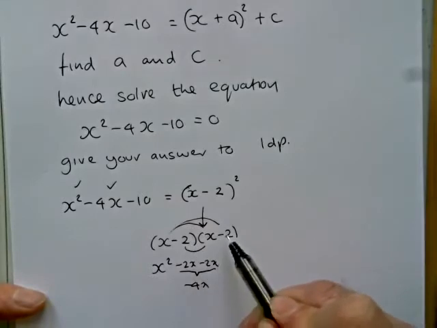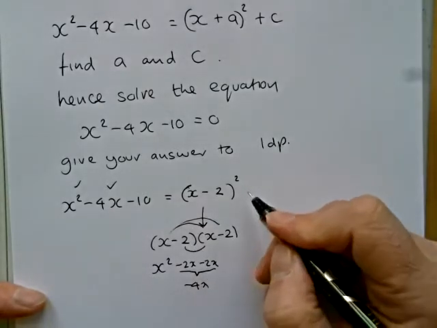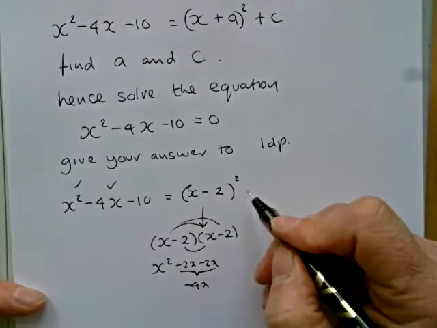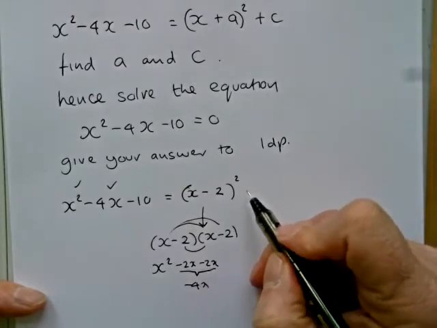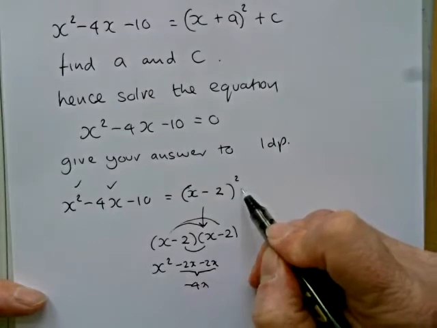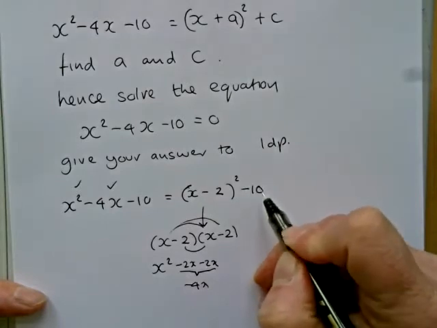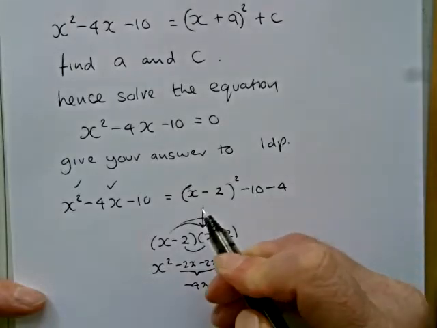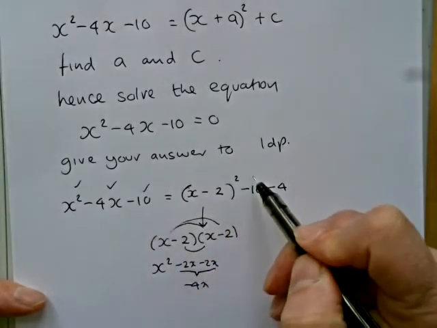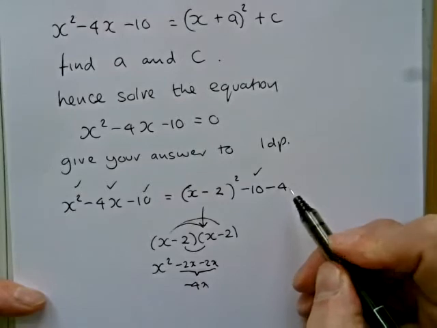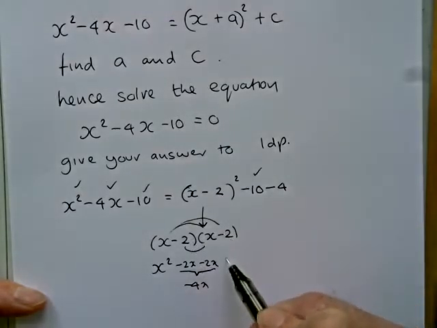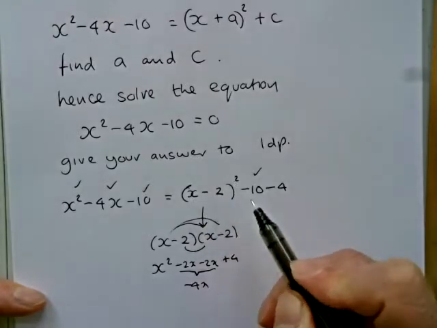However, the minus 2 times the minus 2 will give me a plus 4. Now I don't want the plus 4, I want a minus 10. So we have a minus 10 minus 4. The minus 10 is there to match with this, and the minus 4 is there to take away the plus 4 that comes out of the squaring of the brackets.